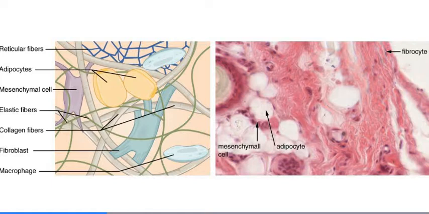And then they point out a mesenchymal cell, which is really a remnant of the embryonic tissue. Mesenchymal cells and fibroblasts are similar cells. There are a little structural differences here and there, but they're kind of the same thing. And the mesenchymal cell here could easily become a fibroblast to do its job. But mesenchymal cells also have the ability to become adipocytes or some other types of cells that are not mentioned here.